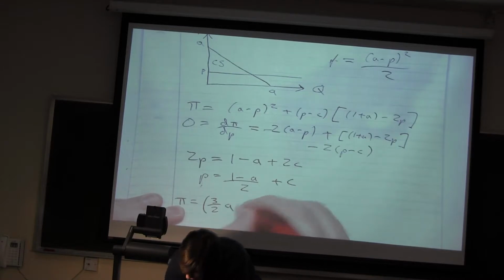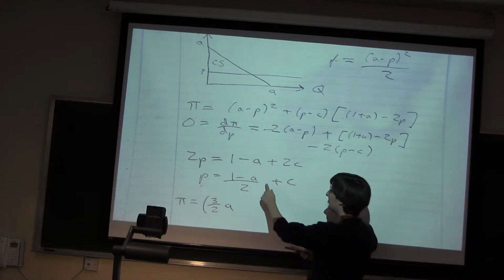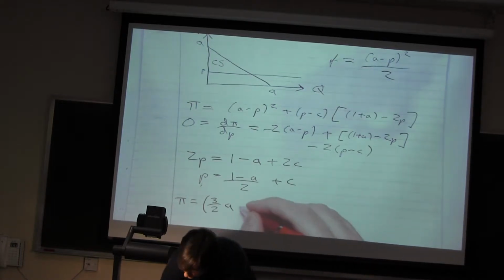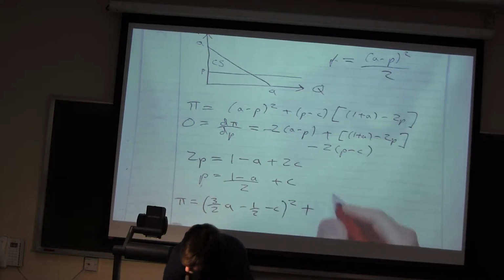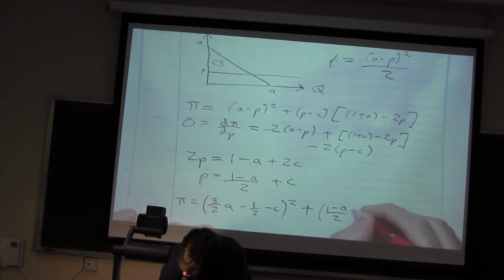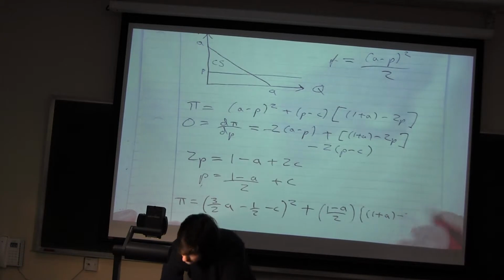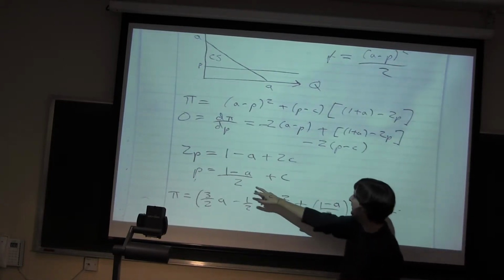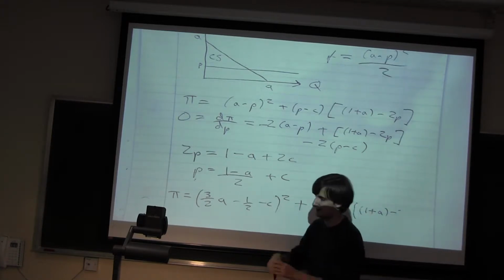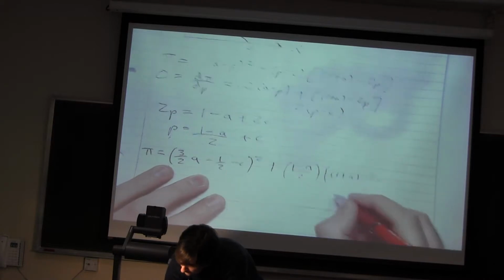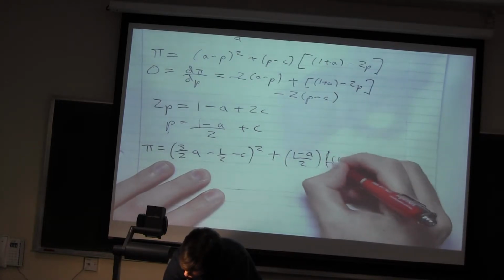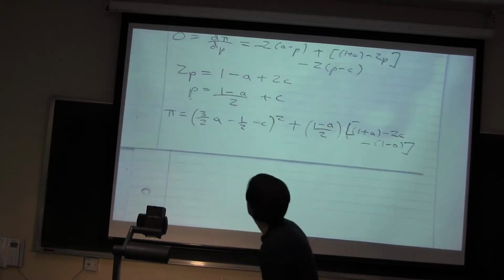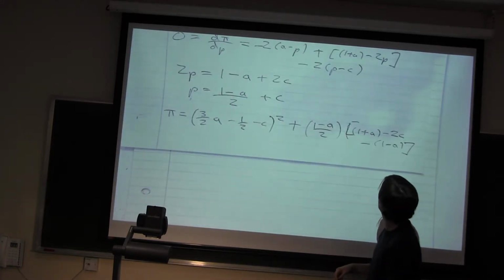So 3 over 2 times A, and then minus a half minus C, all squared, plus, okay, price minus cost, which is just 1 minus A over 2 times this thing, which is 1 plus A minus 2 times the price, which is going to give us minus 2c minus 1 minus a.